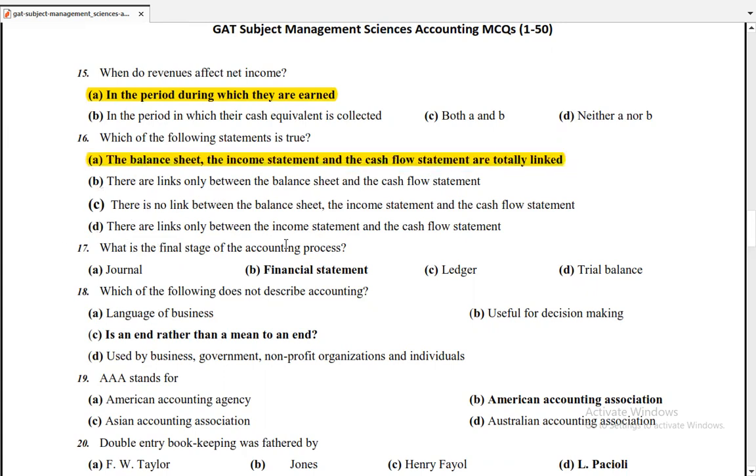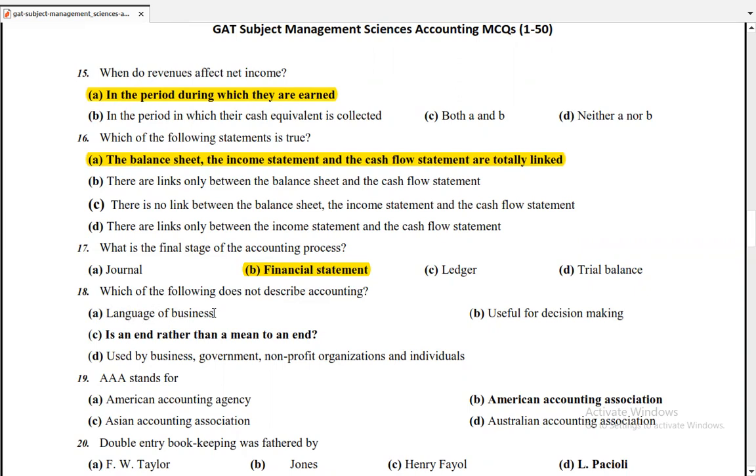What is the final stage of the accounting process? Journal, financial statement, ledger, trial balance. The final stage of the accounting process is financial statement. Which of the following does not describe accounting?